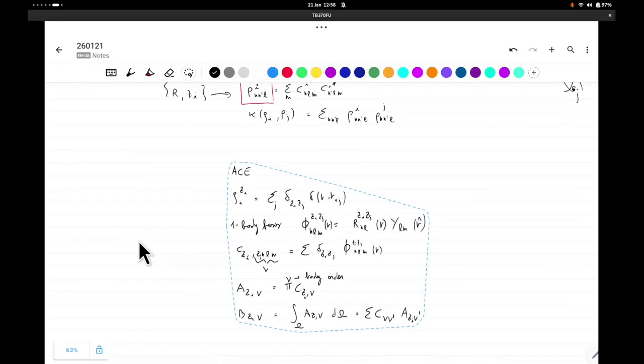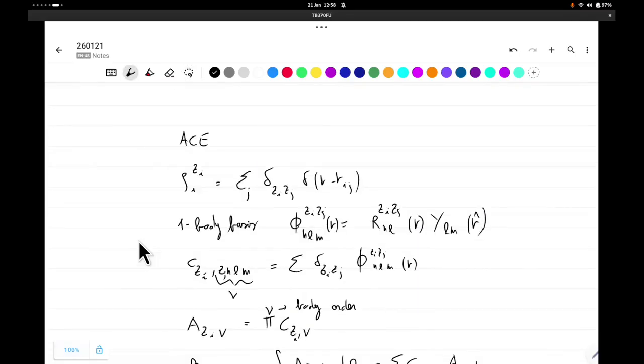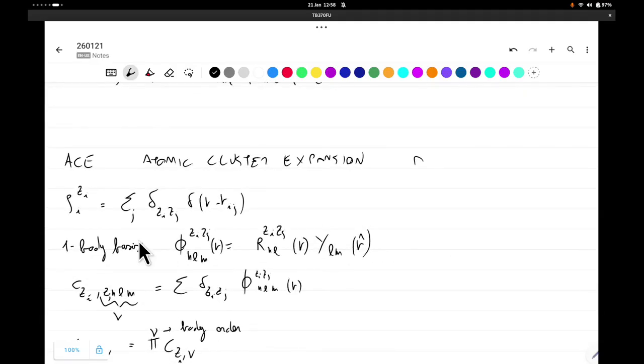So this is called the atomic cluster expansion, introduced by Ralf Drautz in 2019.